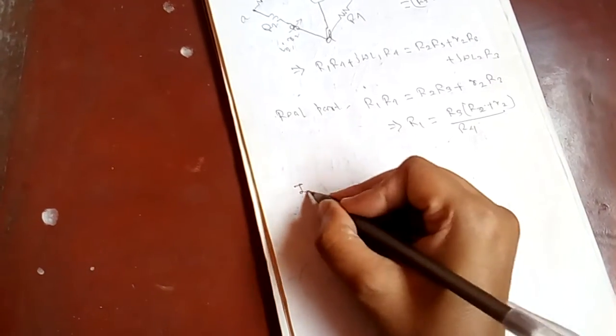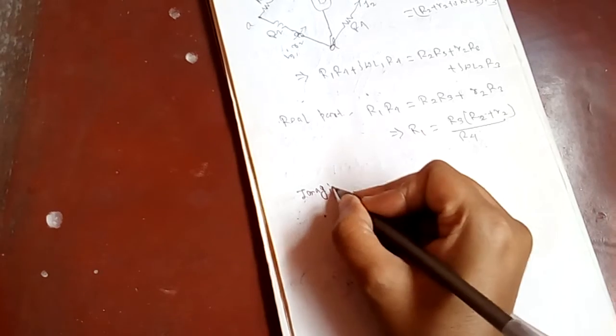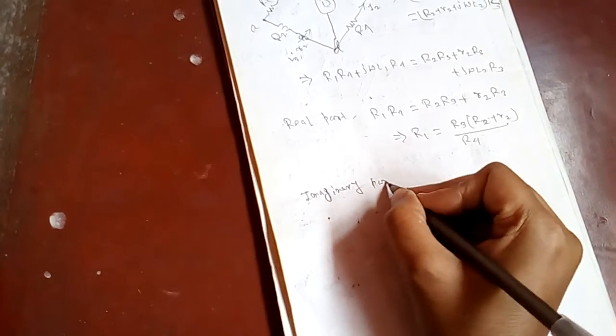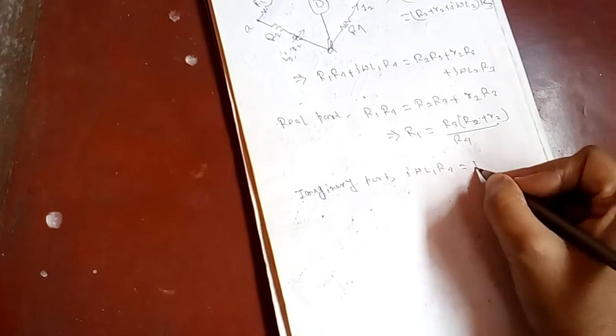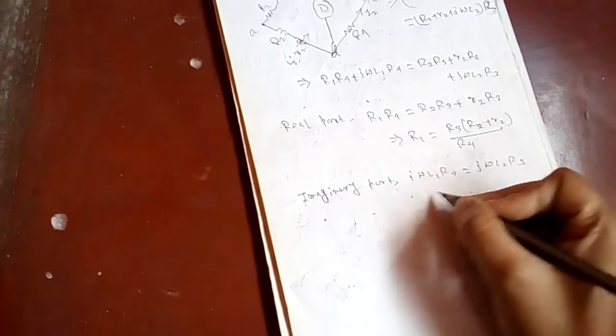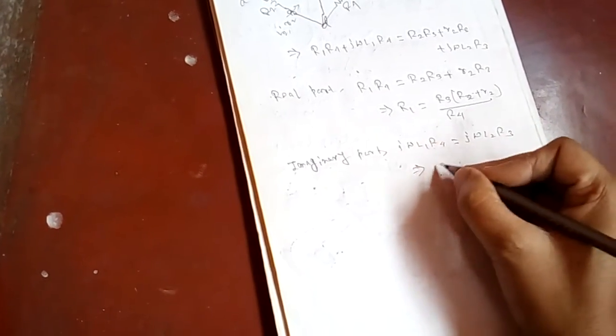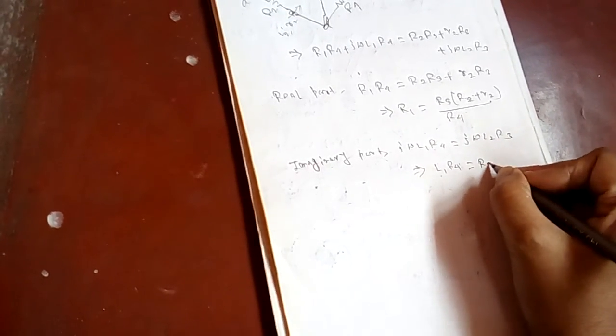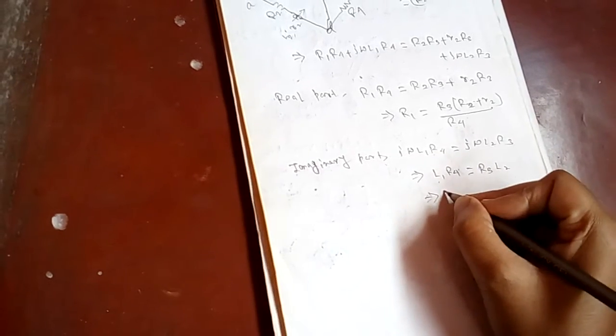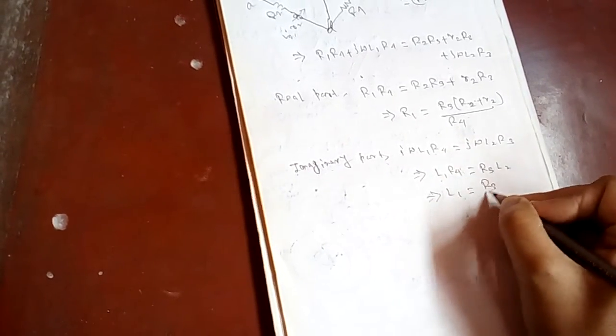And for the imaginary part, j omega L1 R4 equals j omega L2 R3, so L1 equals R3 by R4 into L2. So these are the two equations.